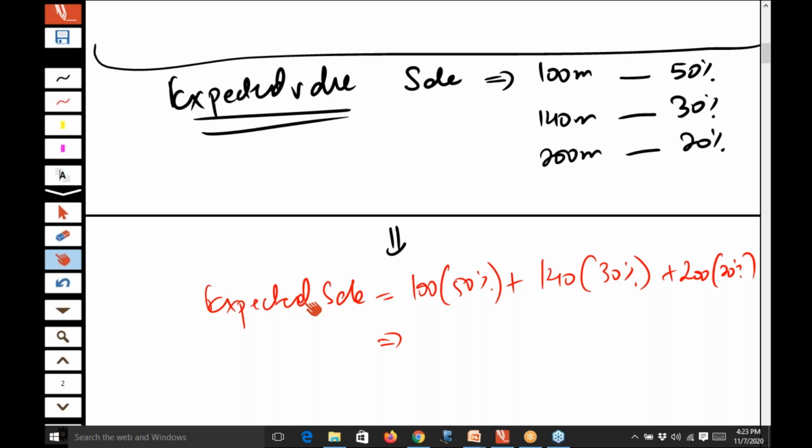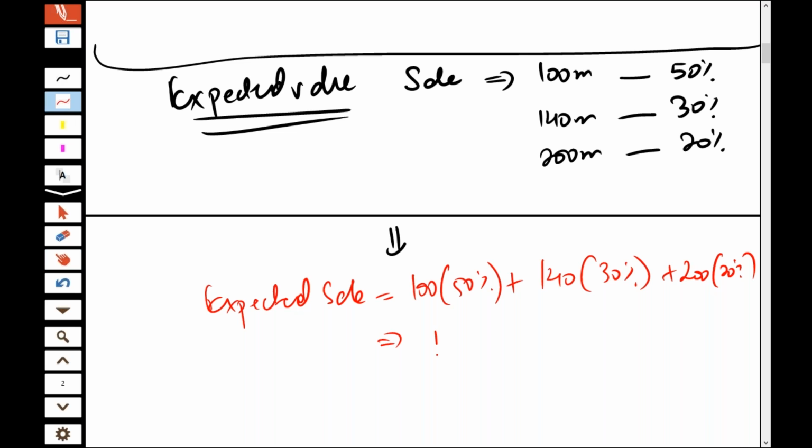To establish the expected sales, we do it this way: 100 multiplied by 50% plus 140 multiplied by 30% plus 200 multiplied by 20%. How much do we get? 132. So we get 132 as the expected sales.